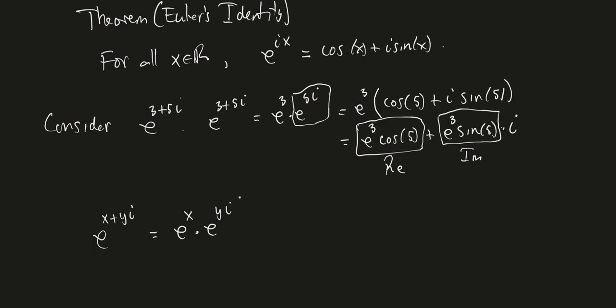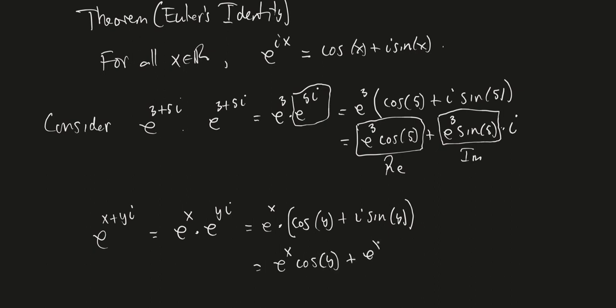Apply Euler's identity on this. So we'll have e to the x times the cosine of y plus i times the sine of y. And again, if I distribute the e now, here's the real part. The real part is e to the x cosine of y, and then plus e to the x sine of y times i.